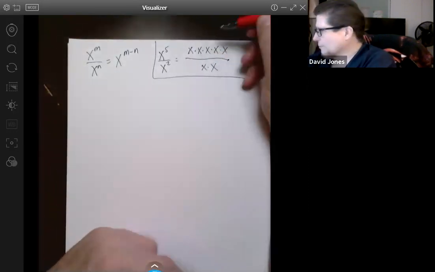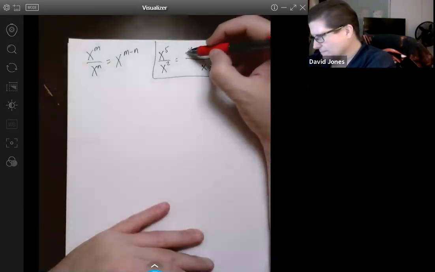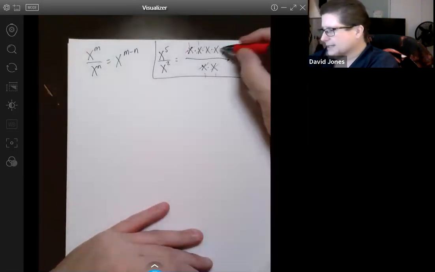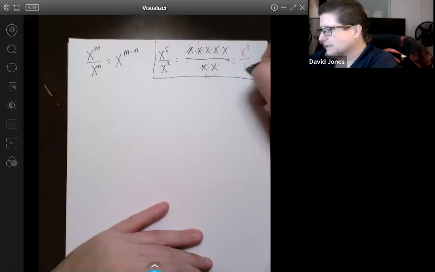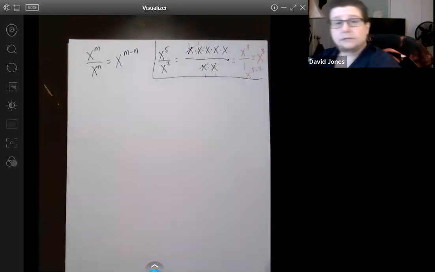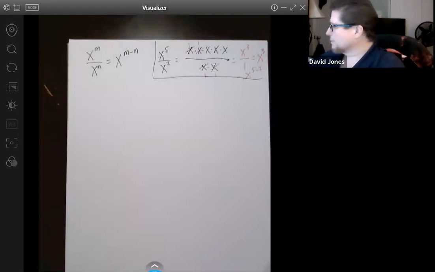We can cancel terms that are multiplied together on top and bottom, leaving behind ones. This leaves us with x times x times x on top, and a 1 on bottom, which is just x cubed, and x cubed is 5 minus 2. That's just an example of where it comes from. It applies to any base. I used x, but it can be any base, and I didn't have to use 5 and 2. I could have used any numbers, but the principle applies.